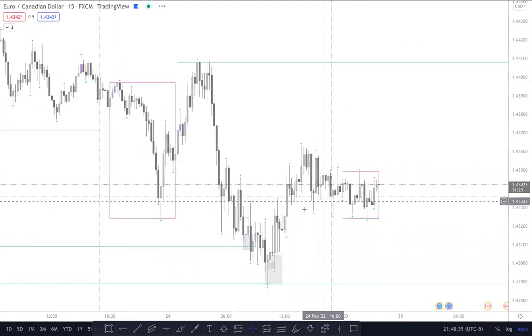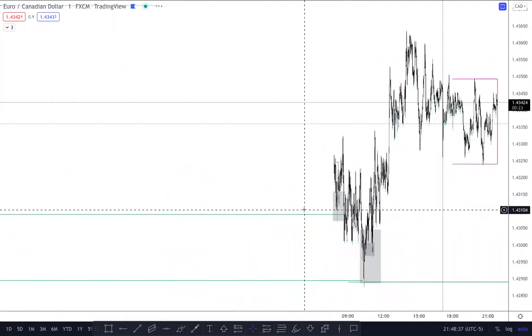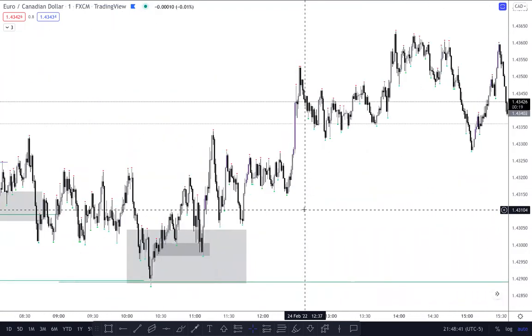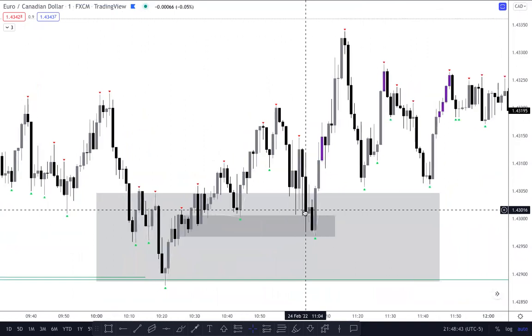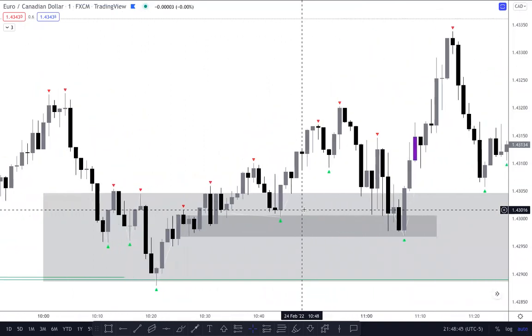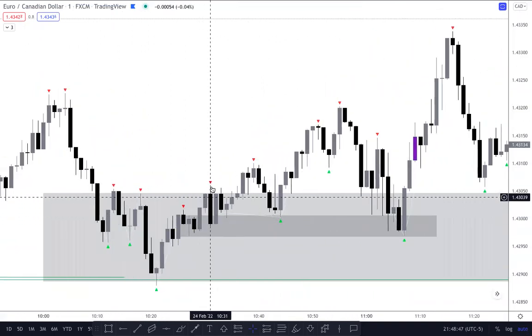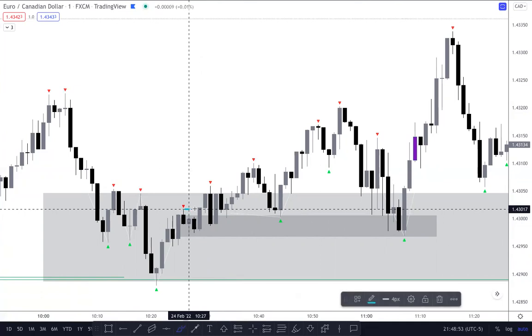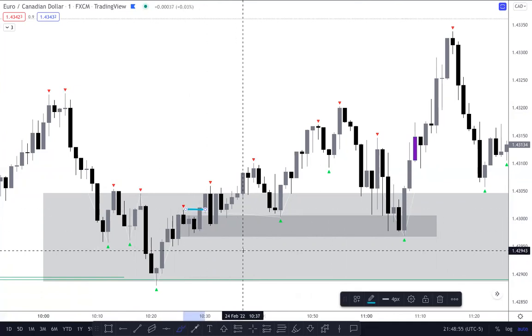And then we come into the 1 minute. It's the same thing as always. Where did price leave the OB? Well, we left the OB, came in here, and we left right here, which means this was the first break.